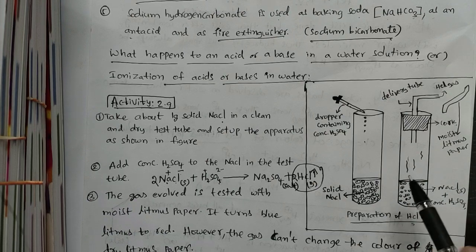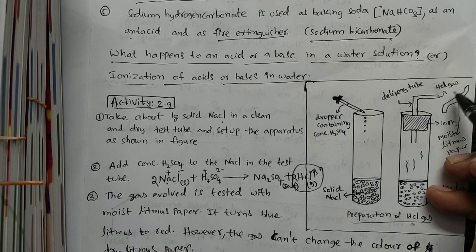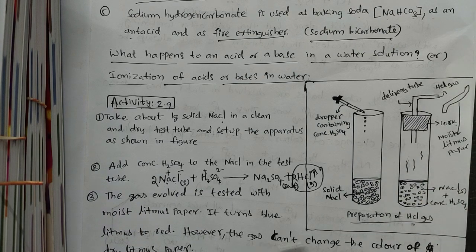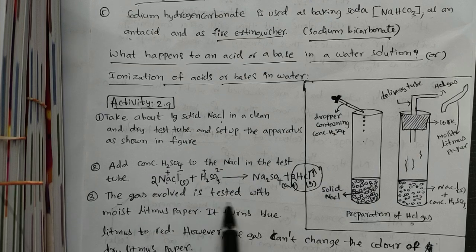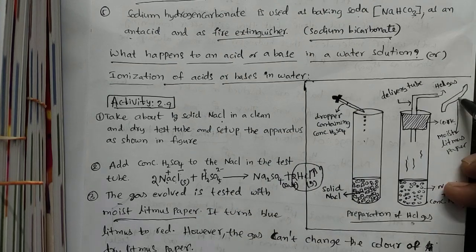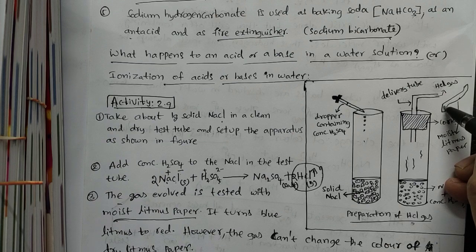Now we are going to test whether this HCl gas has acidic property or not, right? So the gas evolved is tested with moist or wet litmus paper. This is the litmus paper. Suppose this is first a wet litmus paper, and it is exposed to the outcoming HCl gas.